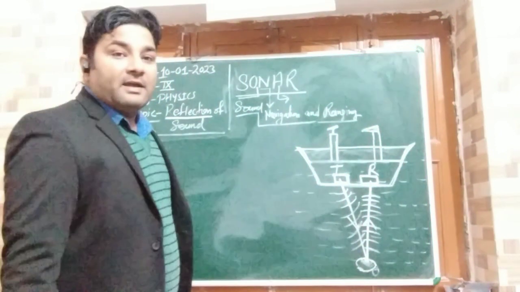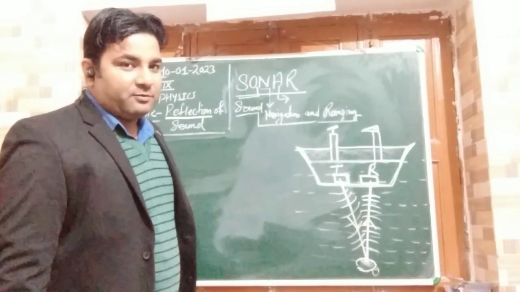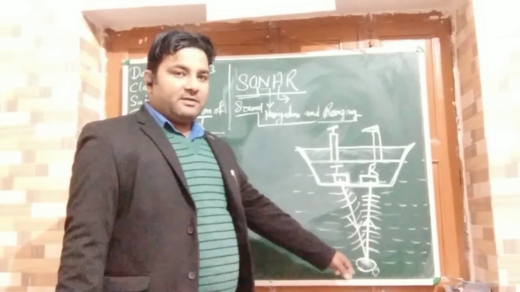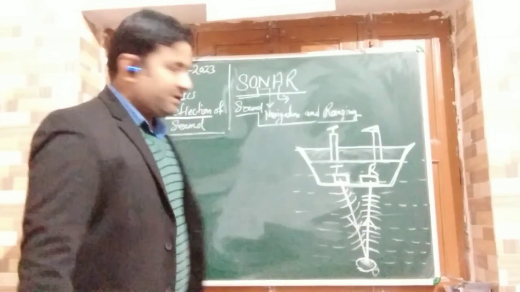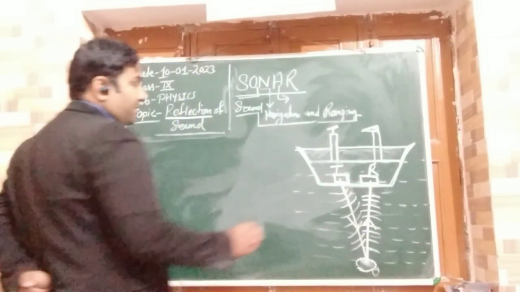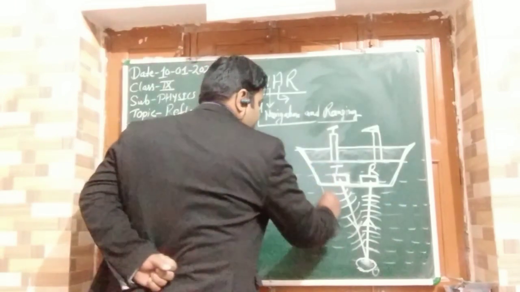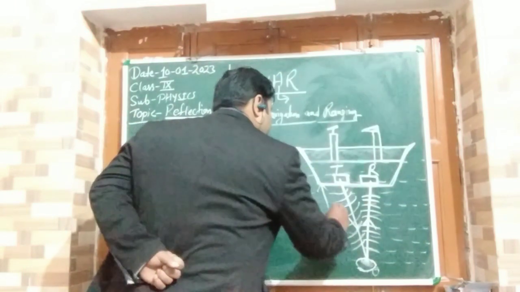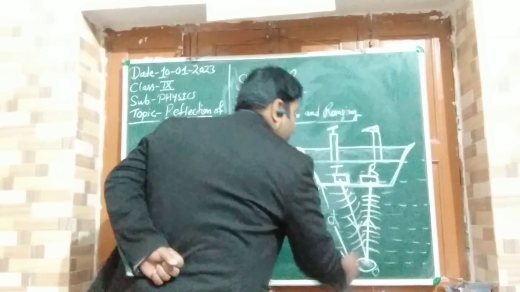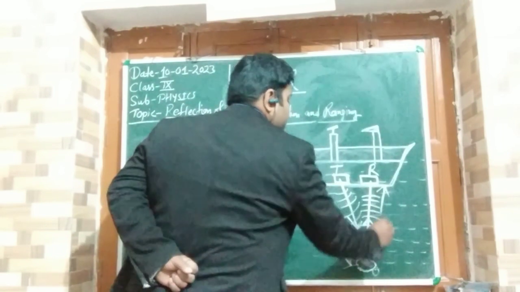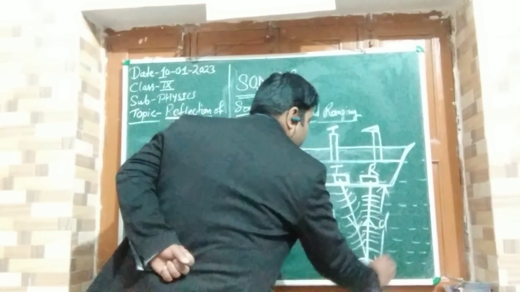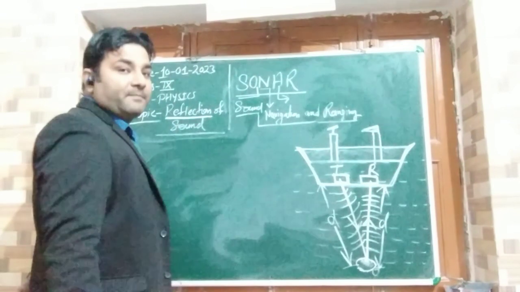Clear? And how to detect the exact position of this object from this ship? That is totally based on the reflection concept. One side, if the distance is D, then the other side the distance will be almost equal, that is D. Clear?